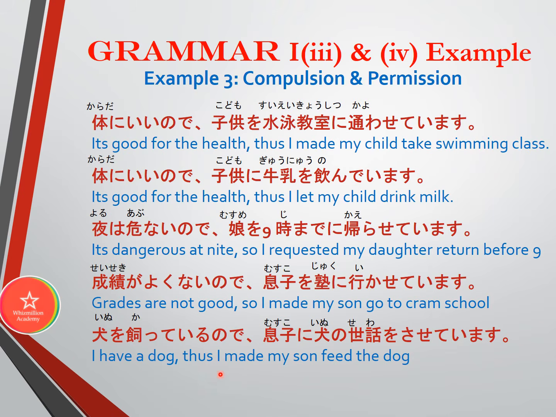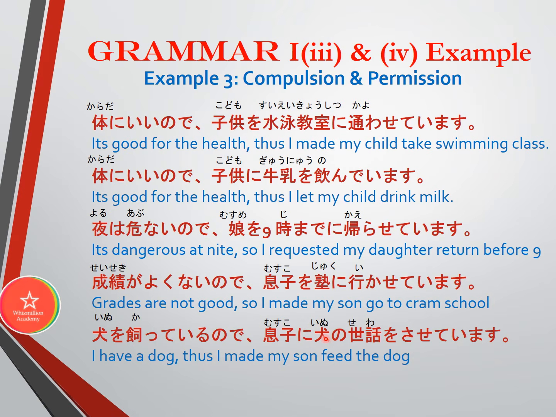I have a dog, thus I made my son feed the dog. 犬を飼っているので息子に犬の世話をさせています。世話 is feeding, okay? And させます here is a transitive verb, so the particle attached to 息子 is ni.